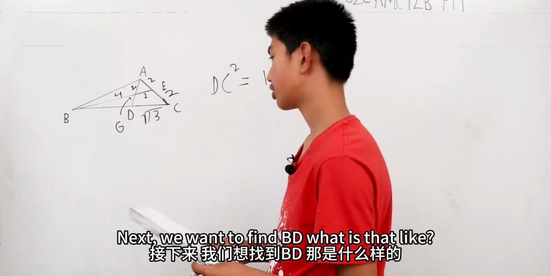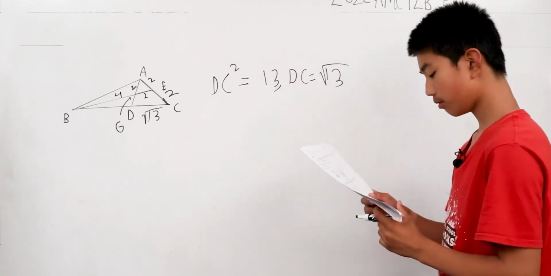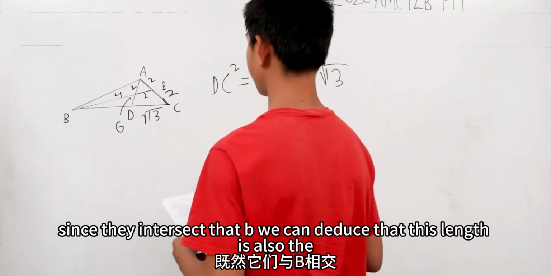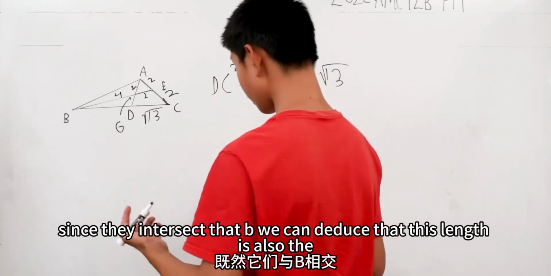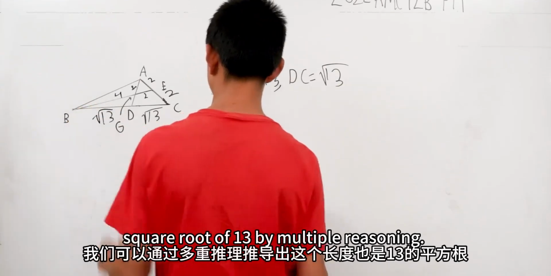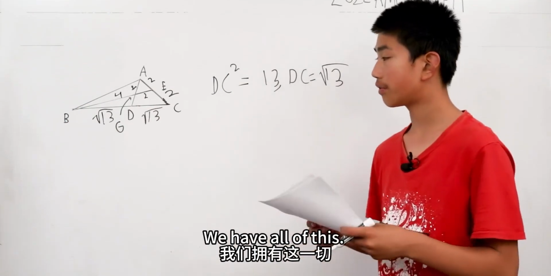So next we want to find BD. What is that length? Well, since they intersect at G, we can deduce that this length is also the square root of 13 by multiple reasonings. So we have all of this.